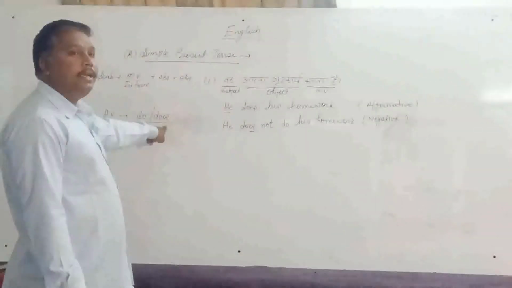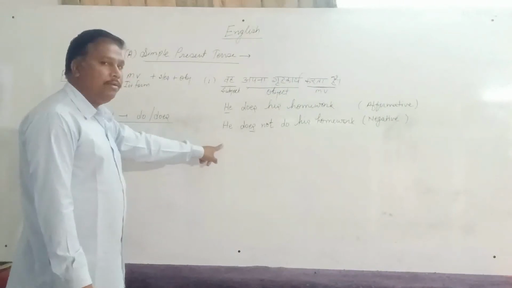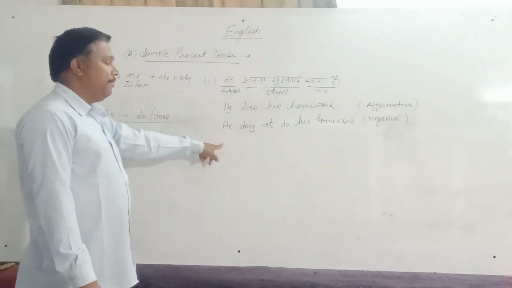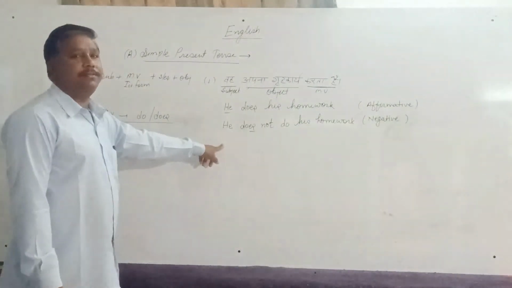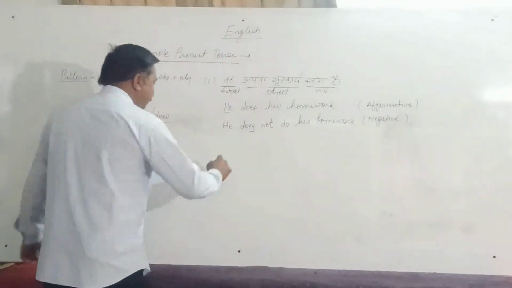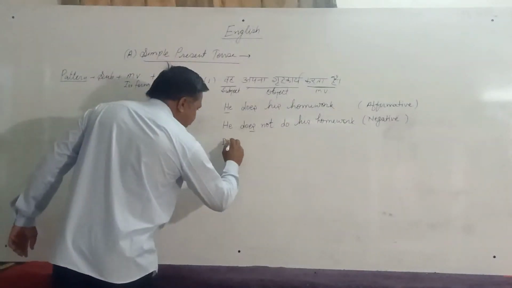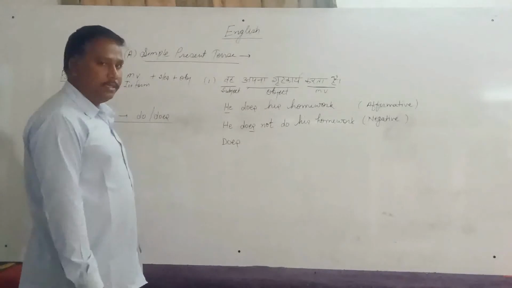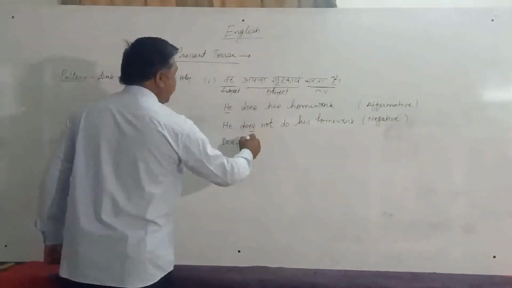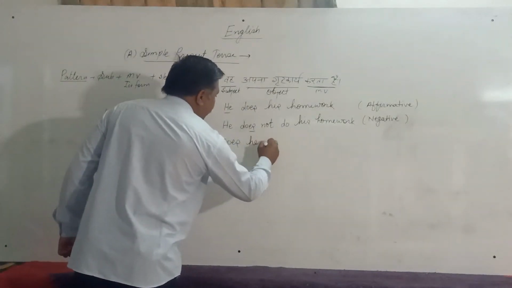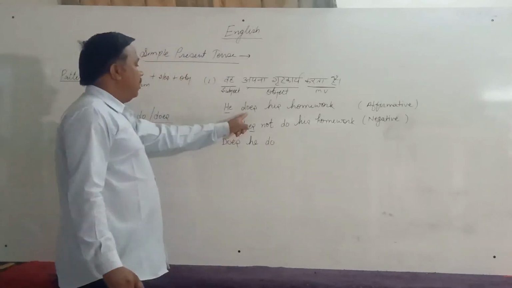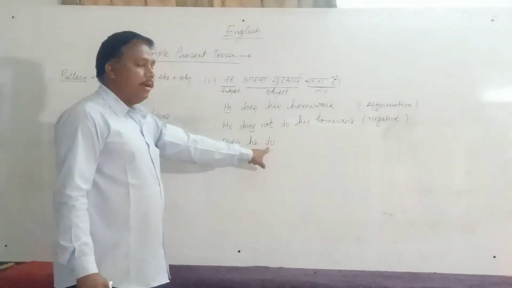So what is helping verb of simple present tense? Do or does. So what will come here, do or does? It depends on our subject. If our subject is singular, then we have to apply here does. Does, and then remaining part, he, does will become do.